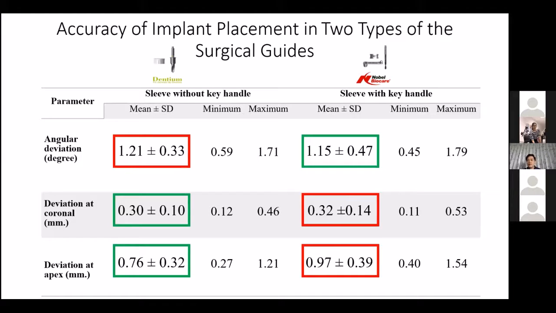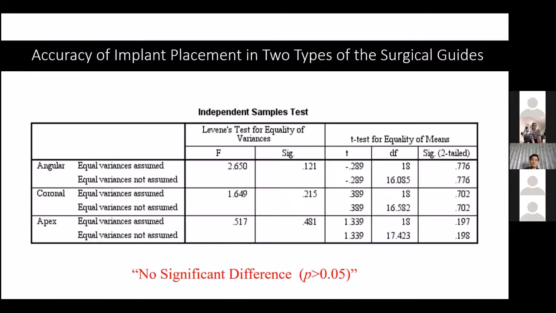The implant placement with key handle shows more deviation of implant position than the other type, except in the angulation deviation. After analysis by the independent sample t-test, we found no significant difference in all parameters.